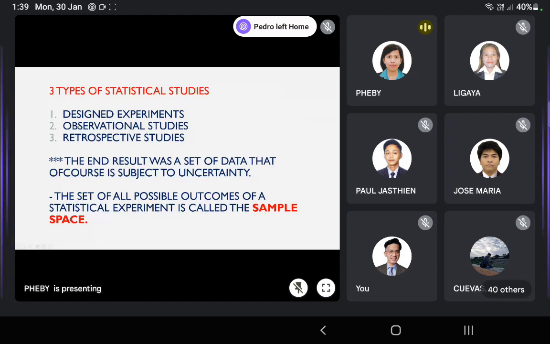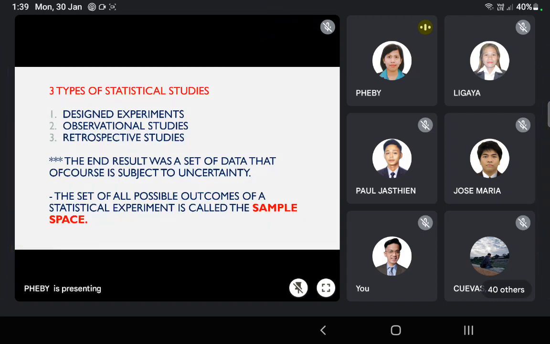There are three types of statistical studies: designed experiments, observational studies, and retrospective studies. The end result is a set of data that of course is subject to uncertainties, because it has to be proven at kailangan ng additional experiments para ma-prove kung tama ba sila.